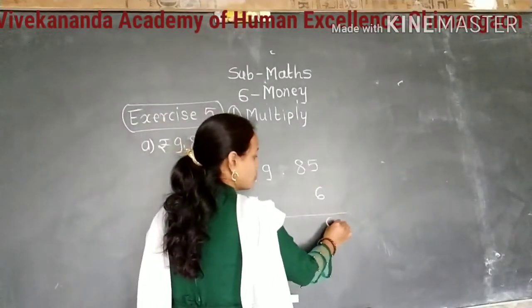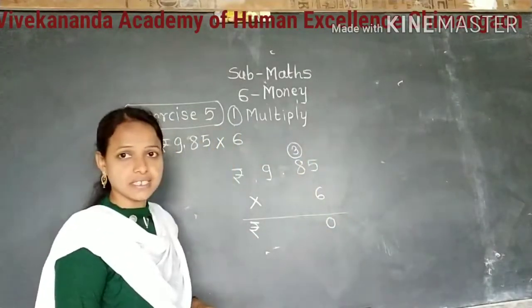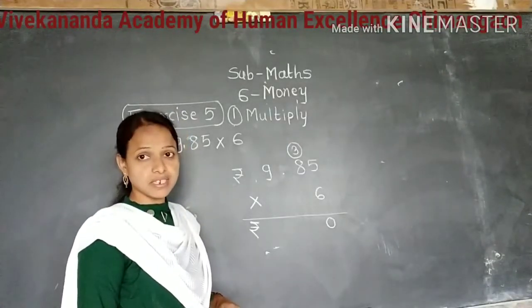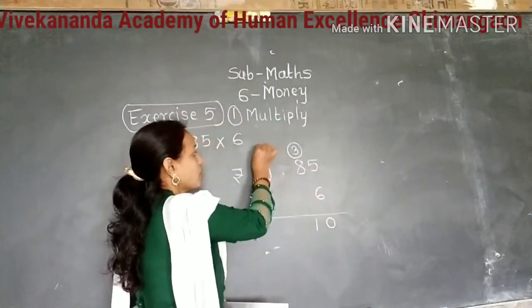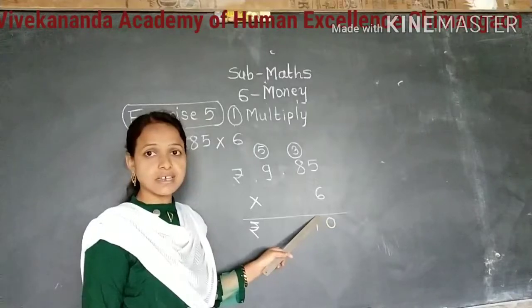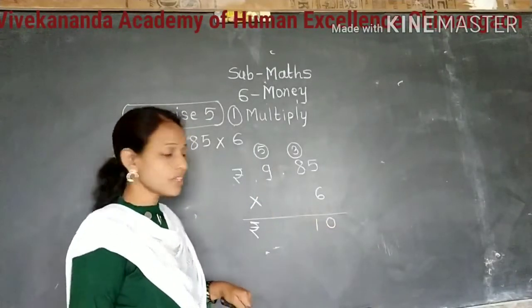So write here 0 and 3 carry. Then multiply 8 by 6. 8 6s are 48. 48 plus 3 carry over is 51. So 1 right here and 5 carry. Now multiply 9 by 6. 9 6s are 54. 54 plus 5 carry over is 59.